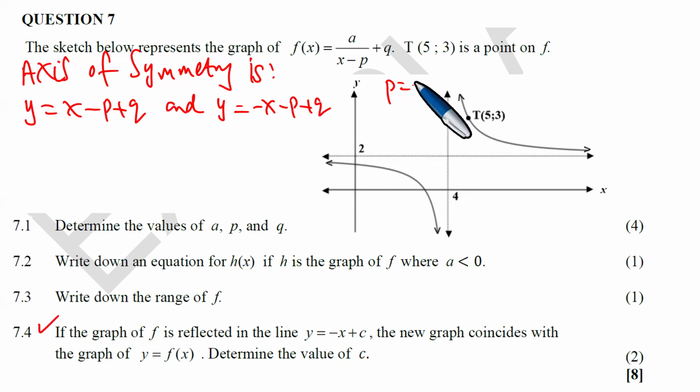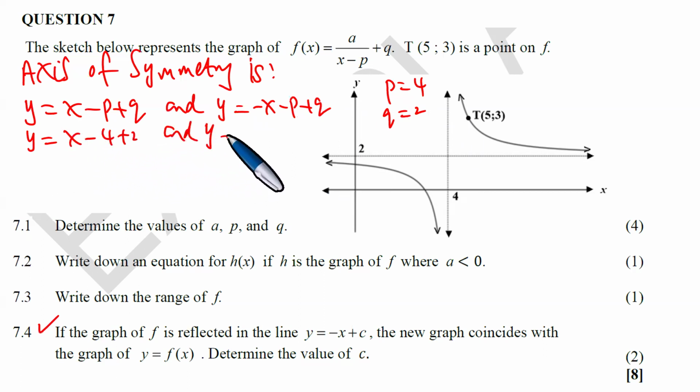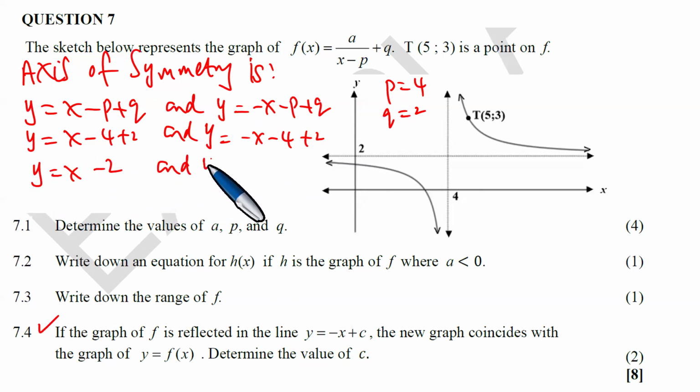We've already seen that p is 4, q is 2, which means y equals minus x minus 2.